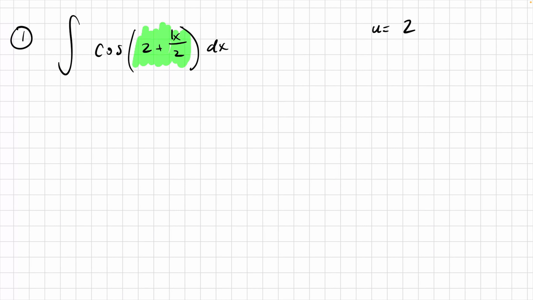So you've got 2 plus, it really is 1/2 x. That's another way to write it. X over 2 is just 1/2 x. So if you take the derivative, you're going to get 1/2 dx, right? Then if you divide by 2, you're going to get 1/2 divided by 2.